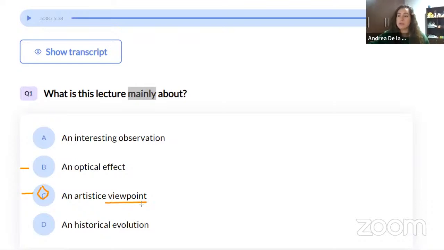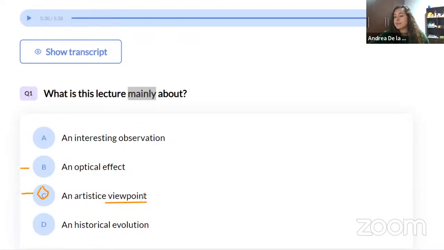Viewpoint is a synonym of perspective, but it's not applied in the same context, because viewpoint is a synonym of perspective as in opinion. Like my viewpoint, my perspective, my opinion is, and then I can give my opinion about something. But we had visual perspective, not referring to opinions. It's not the same.